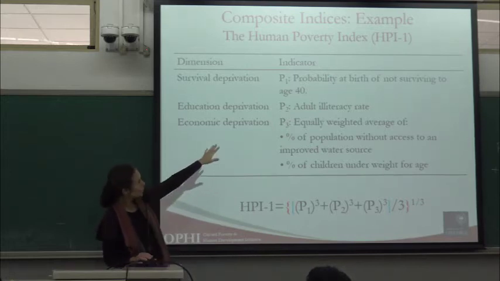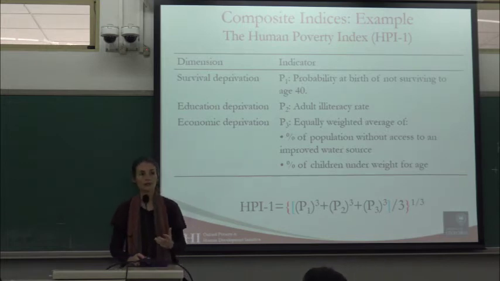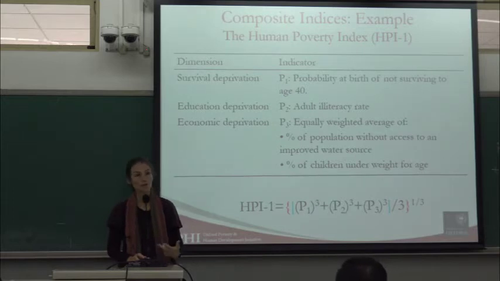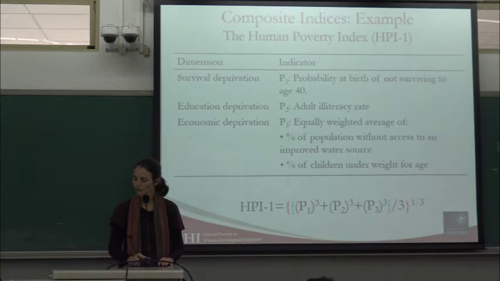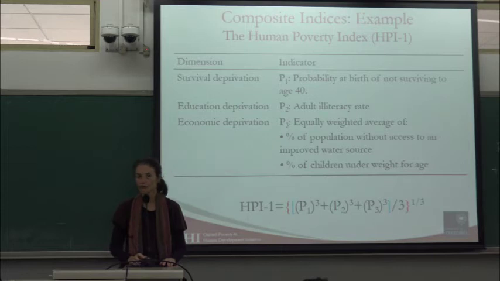The first was the probability at birth of not surviving till your 40th birthday. The second was the percentage of adults who were illiterate. The third was the percentage of people lacking access to safe water. And the fourth was the percentage of children who were underweight for age, so undernourished.